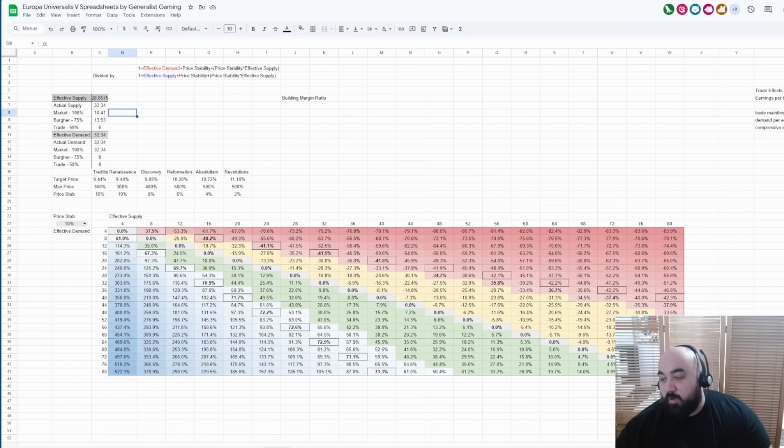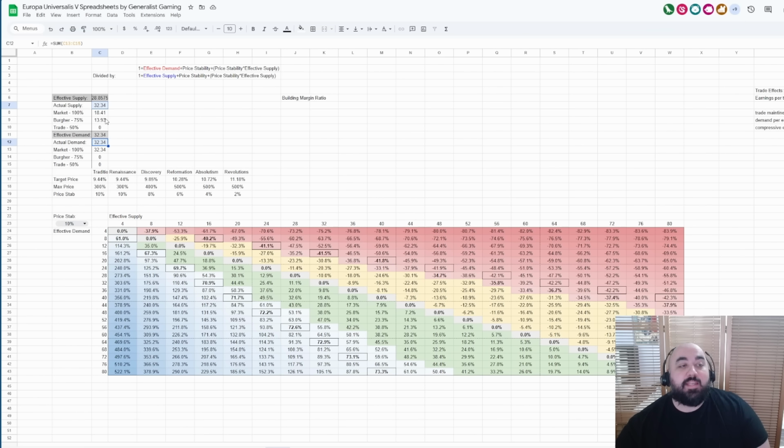We jump back into the browser here, we have input some of these numbers, and we can see that we are getting a very similar outcome, where the supply from the burgers' trades is 13.394, regular market supply is 18.41, and we have the actual supply and actual demand being equal. The burgers, generally, with the way that they think, will try and import to fill demand, especially for goods like this.